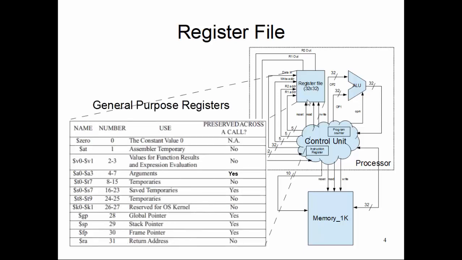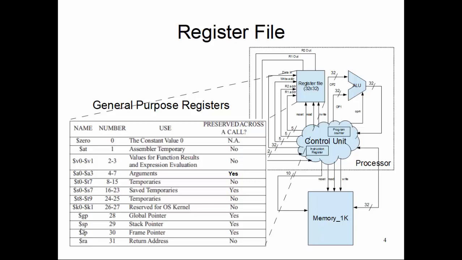So these 32 are the general purpose registers, and there are names associated with each register, and of course there are numbers. We can refer to them through a number, like register 0, register 1, 2, 3, etc., till 31, so 32. But we have also given names to them so that it is easy to remember them, especially their usage purpose.